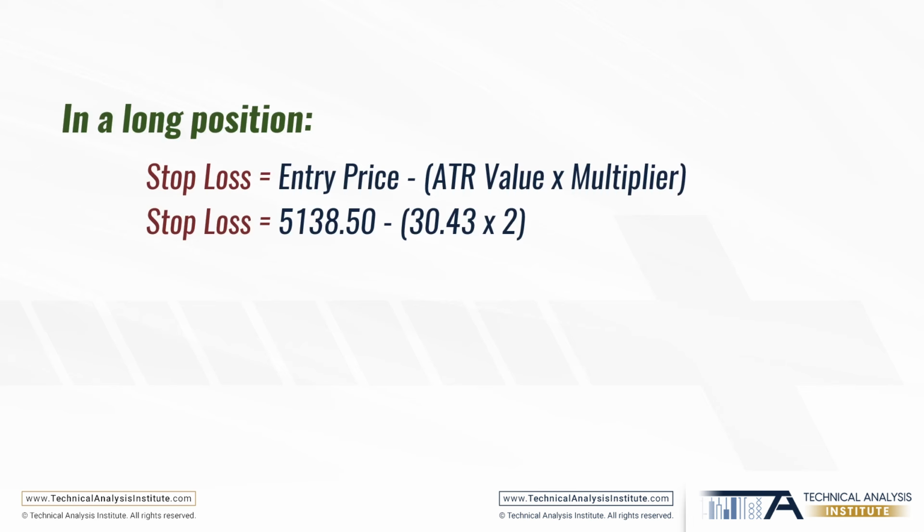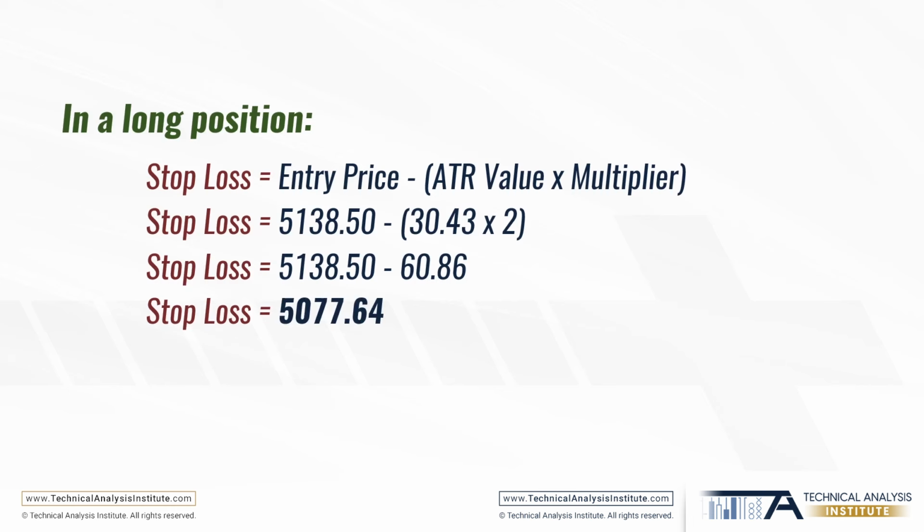So in this case, the stop loss is 5138.50 minus the ATR value, which is 30.43, times the multiplier, which is 2, which equals 5138.50 minus 60.86. And that equals 5077.64.